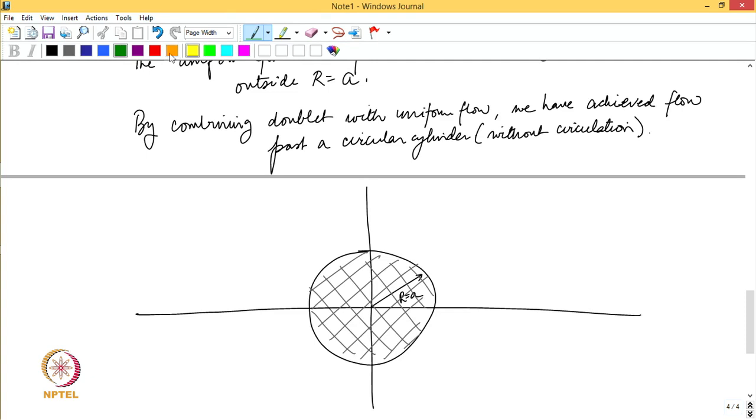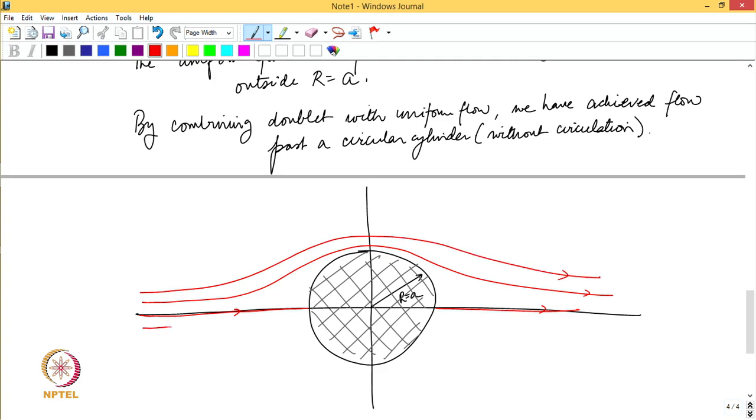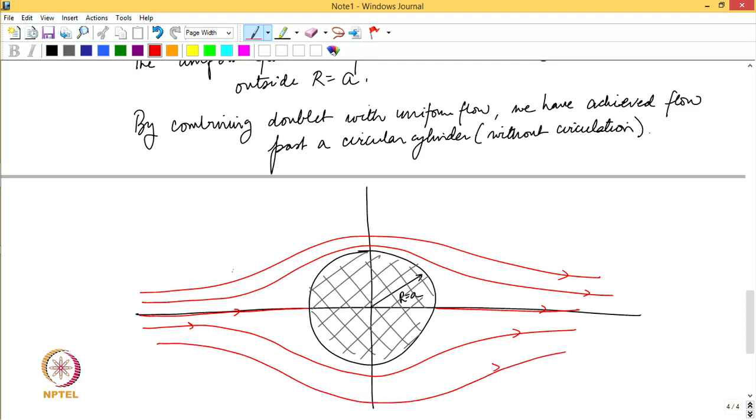And you would have flow going around it, so to say. Let me also define my coordinate axes here, to make another argument very soon.